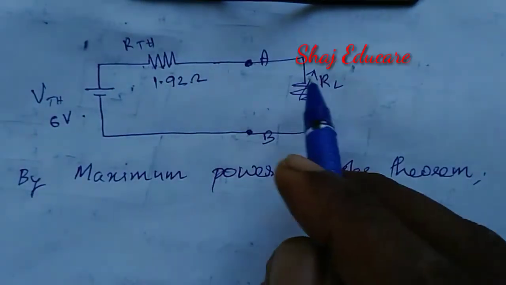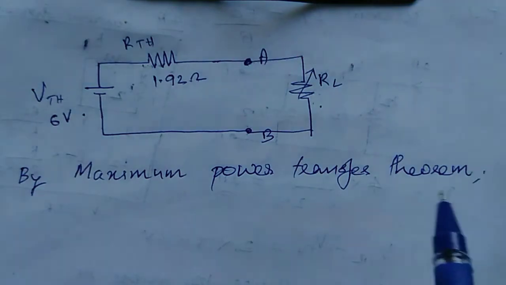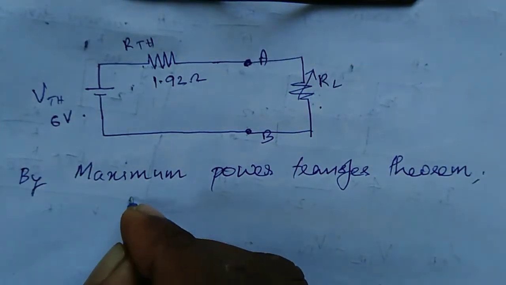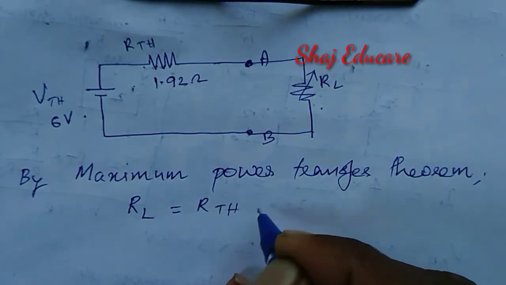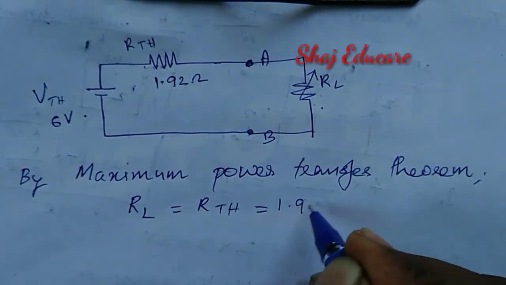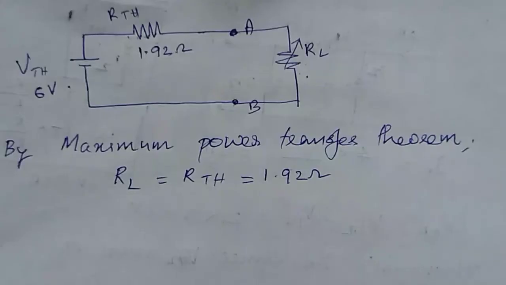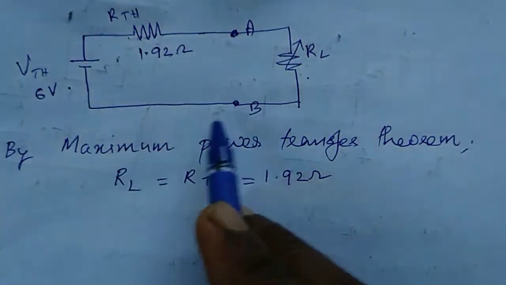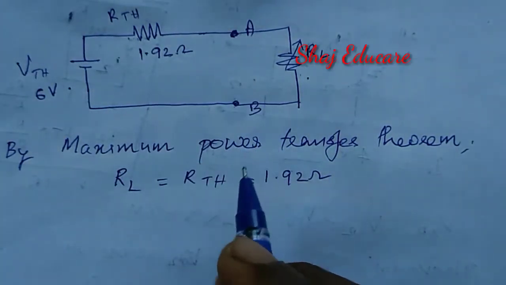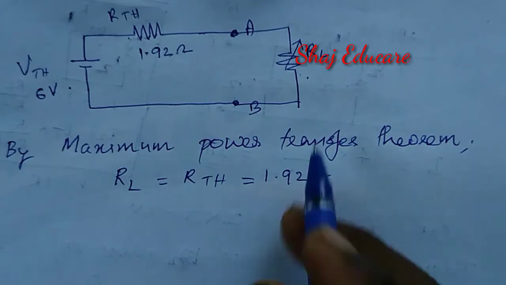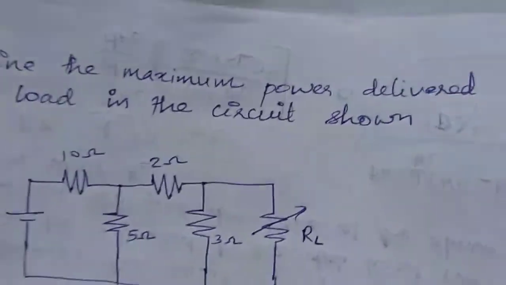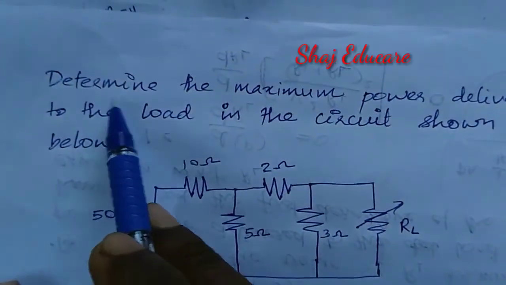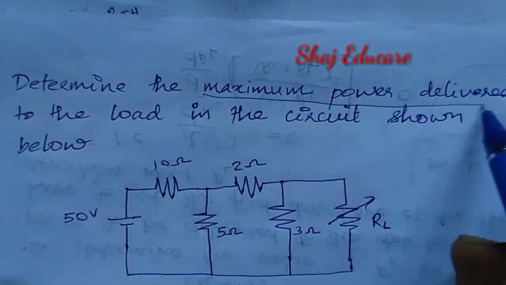In our case, maximum power will be transferred only if RL is equal to RTH, that is 1.92. Now I'm going to draw the corresponding circuit to find the maximum power delivered at the load resistance, as asked in the question: determine the maximum power delivered.